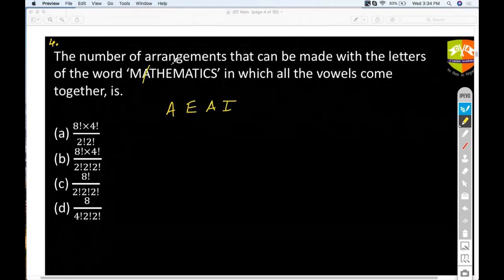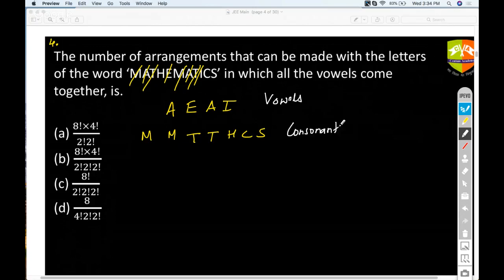So A, E, A, I. So M, M, T, T, H, C, S. So these are the vowels, these are the consonants. So how many arrangements can be made with the letters of the word mathematics in which all the vowels come together? Very easy question. I think you should be all able to answer this within 30 seconds.